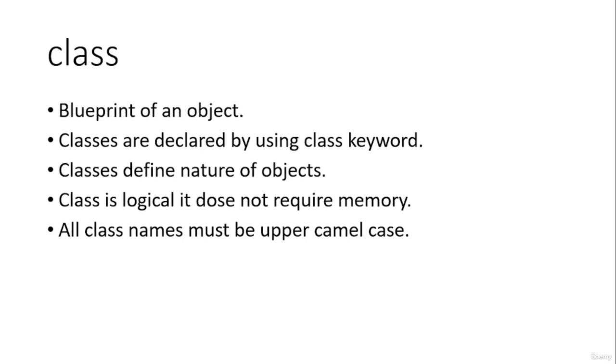By hearing that you will be thinking, what is a blueprint? Blueprint means whatever documentation is required for building an object will be defined inside a class. For example, you want to create an object of vehicle. The vehicle will have certain features like car name, car type, car color.